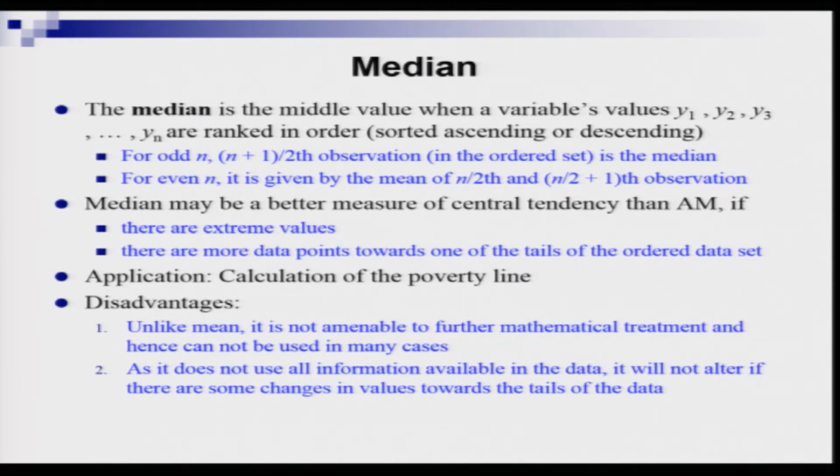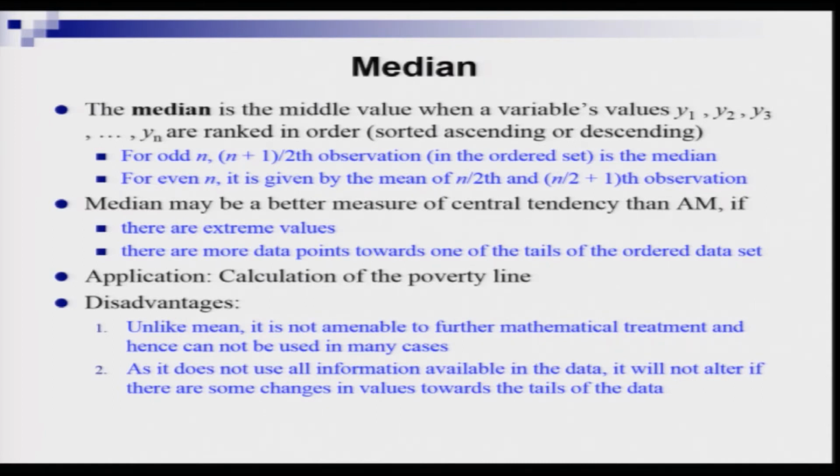Okay. So, here in the even case the situation is a bit complicated. You have to find 2 middle observations in the data set, and then you have to take the simple average of these 2 numbers. Now, when is median preferred over arithmetic mean as a measure of central tendency? There are 2 possible cases that I can say.